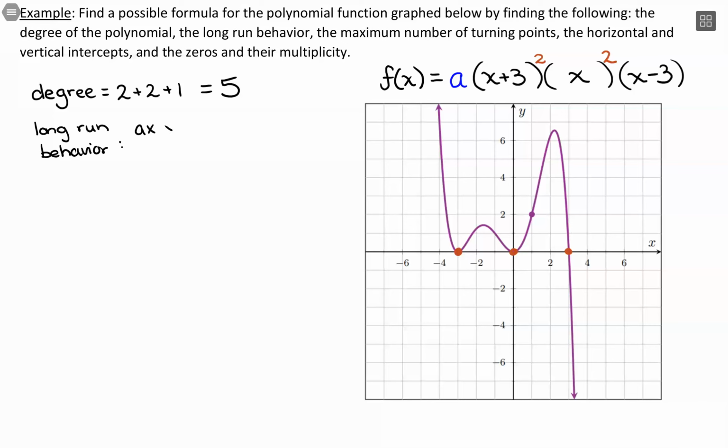So, long-run behavior: as x approaches positive infinity, f of x approaches, and as x approaches negative infinity, f of x approaches. As x approaches positive infinity, so as we're going off to this right-hand side here, our function is going off to negative infinity.